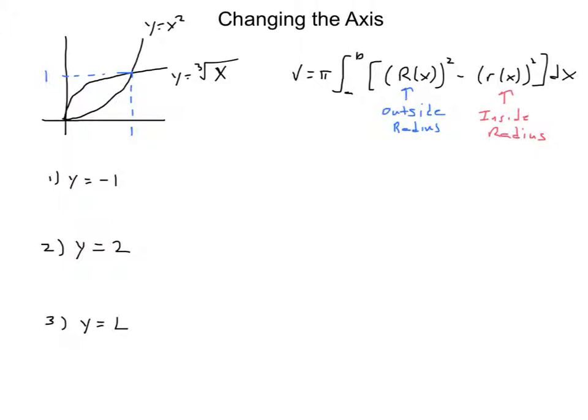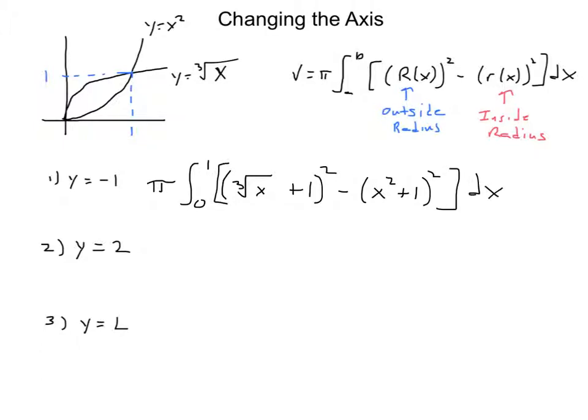So the definite integral to solve this one would be pi times the integral, again from 0 to 1, of my outside radius, the cube root of x plus 1, that thing squared, minus my inside radius, x squared plus 1, that thing squared, with respect to x. Please notice again that because I'm rotating around y equals -1, my radius is now 1 unit longer than it was before. Thus, we have the plus 1.